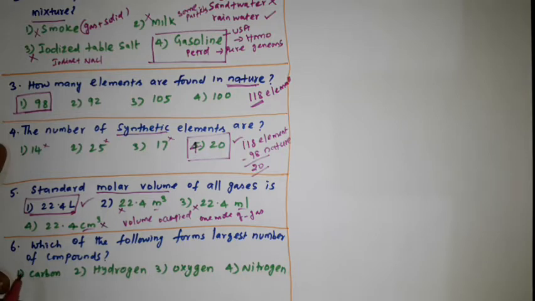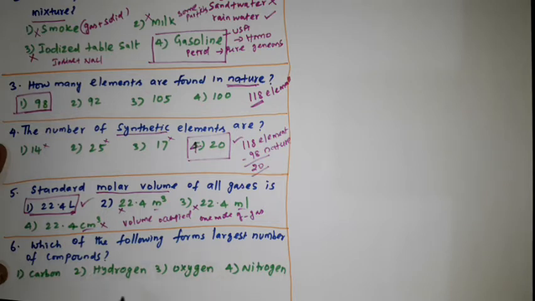Next question. Which of the following forms the largest number of compounds? There are 4 options given: number 1 carbon, number 2 hydrogen, number 3 oxygen, and the 4th one nitrogen.